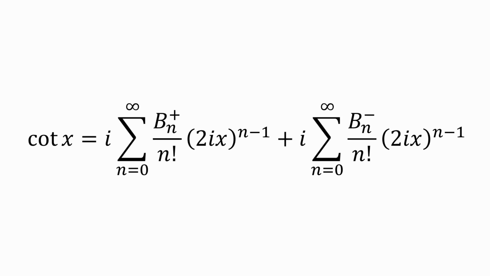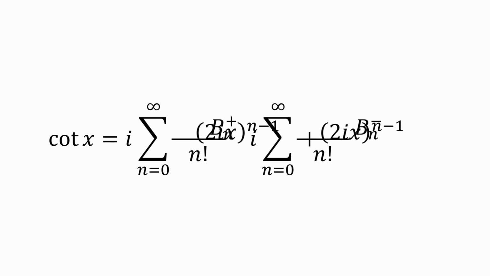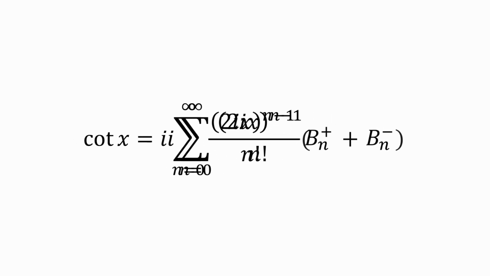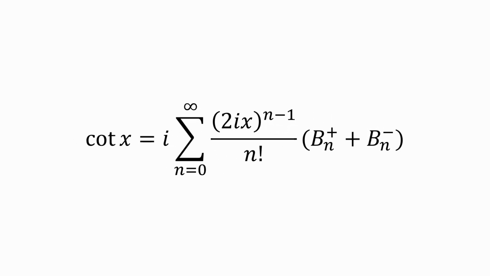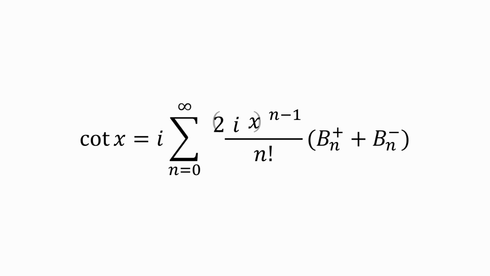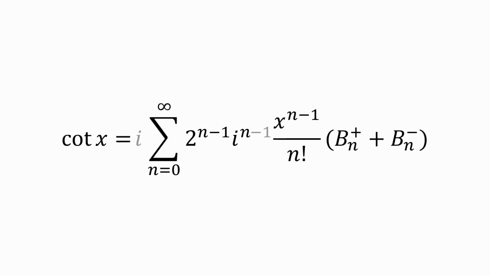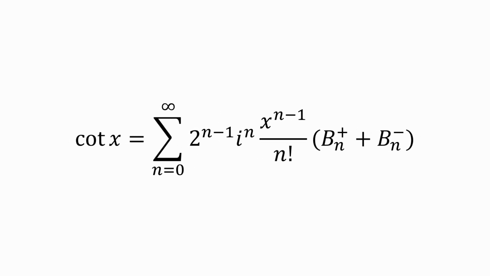We have quite a lot of common factors here which we can factor out. I'll next take out the 2 to the n minus 1 and i to the n minus 1. I'll next take out the first 2 terms, as we often do when dealing with sums involving Bernoulli numbers.